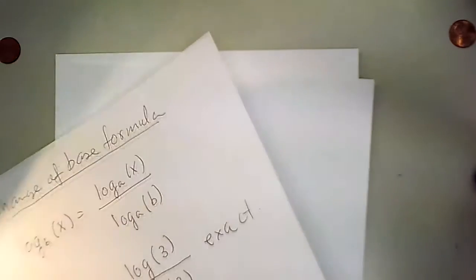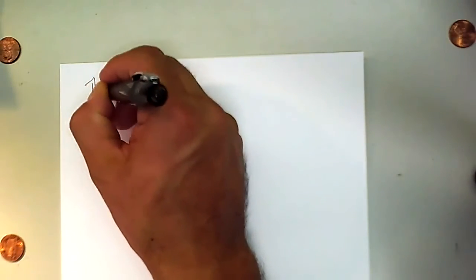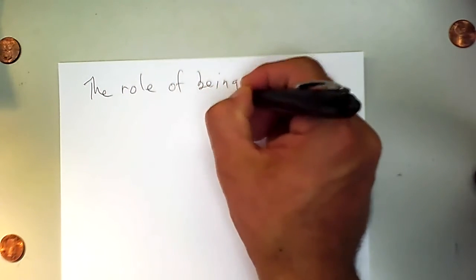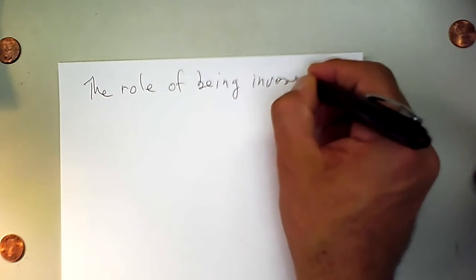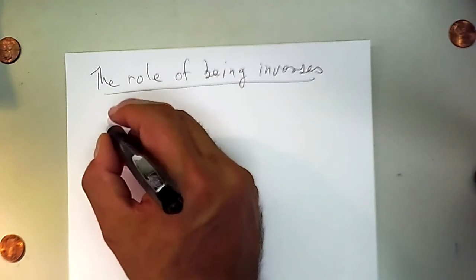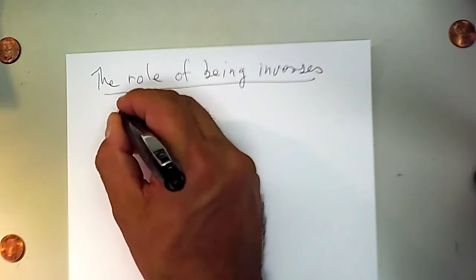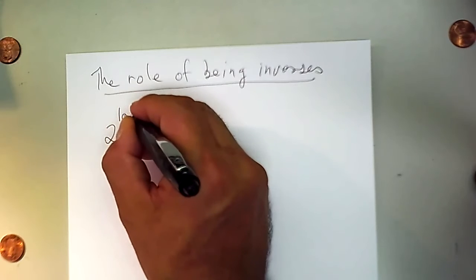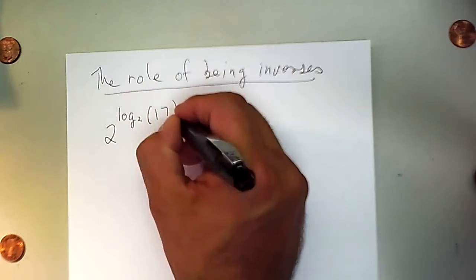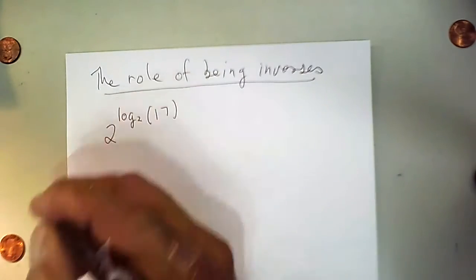One of the things we want to make sure we understand is that they are inverses of each other. That means that if you do, say, 2, and you put as an exponent the logarithm in base 2 of some weird number, 17, that's not that weird, but let's label this as an example.